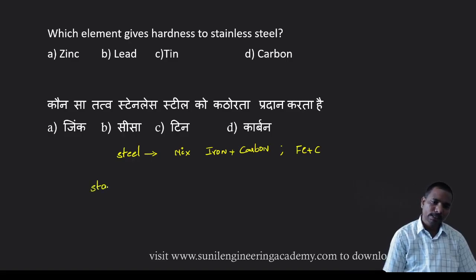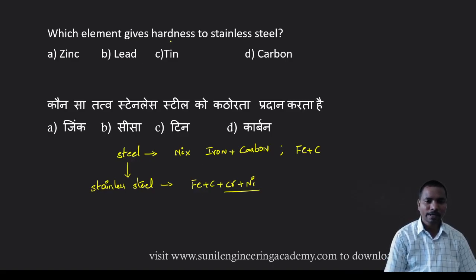If you consider stainless steel, it is a mixture of iron plus carbon plus chromium plus nickel. Nickel and chromium are added, then it will become stainless steel. So steel is the main ingredient in the stainless steel. So here which element gives hardness to the stainless steel?